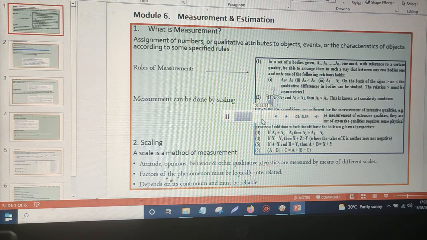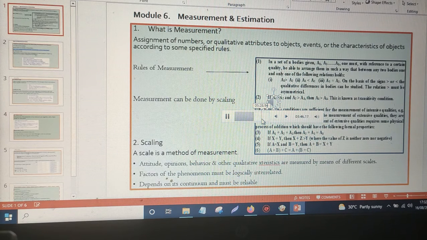Taking A2 to be greater than A3, 12 is greater than 9, which is A3. A1, which is 15, will also be greater than A3, which is 9. This is a rule of measurement. If you draw any measurement rule that is not in compliance with this, you may be getting more measurement errors, which are not really desirable for your analysis.